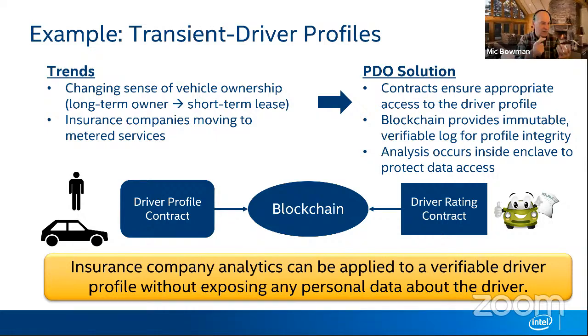And the insurance company, the evaluation contract, can go back and look at the driver profile and verify that the driver profile does not provide hooks so that the driver can cheat by rewriting their history. That is, the driver can't go in and remove an accident from their history just so that their profile would look good. So we get this sort of bi-directional integrity check, and then all of the computation happens inside these objects.